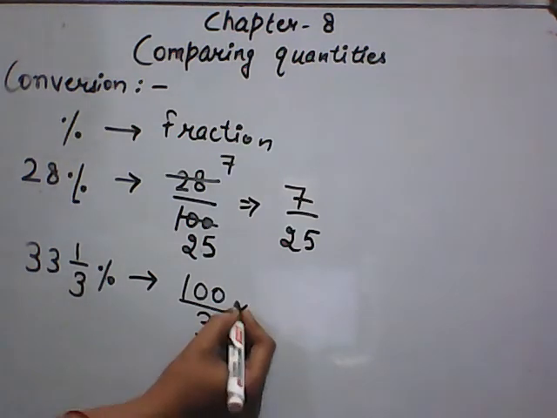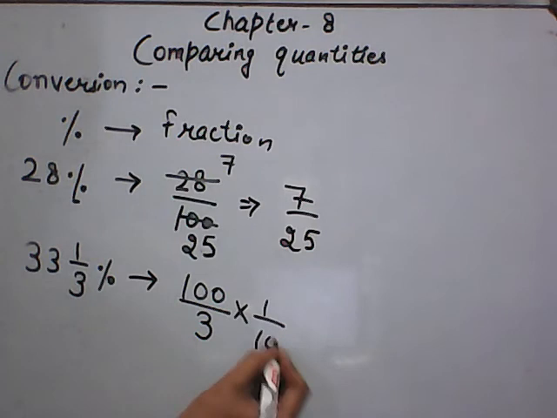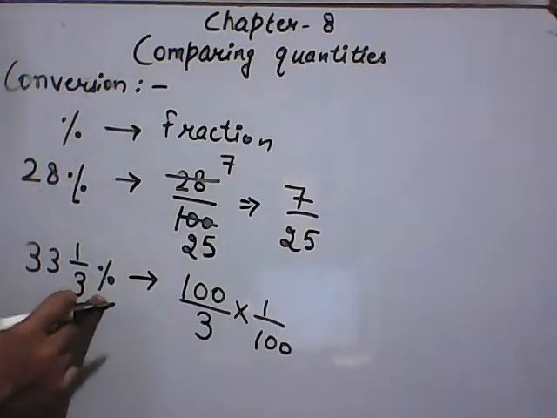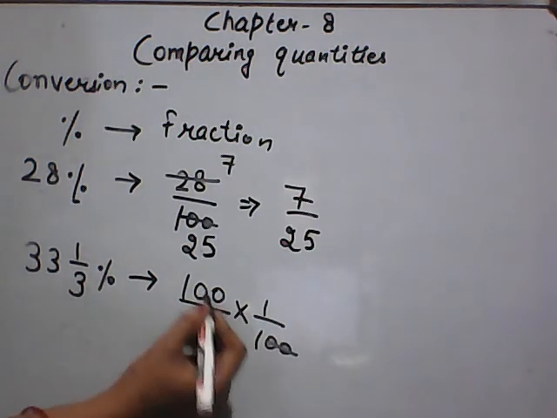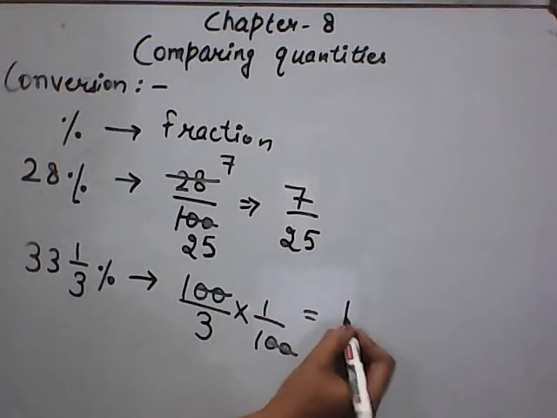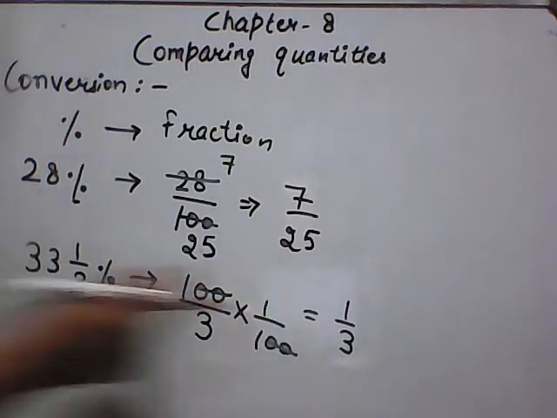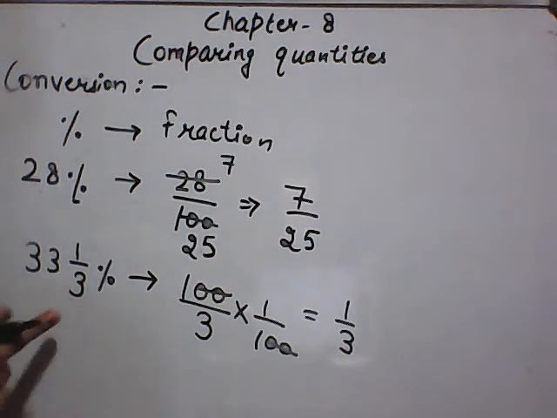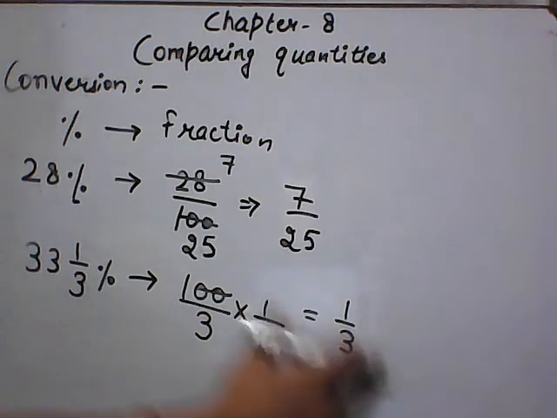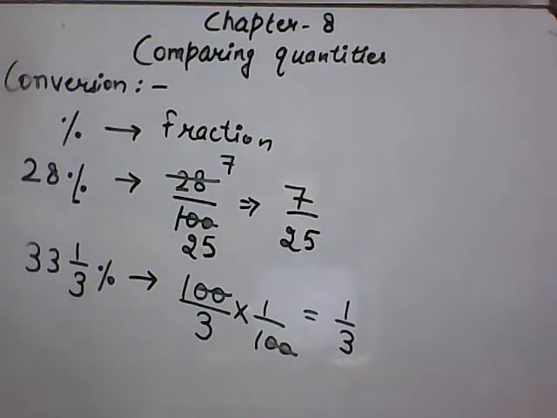Just divide this number by 100 and remove the percentage symbol. Now 100 is cancelled out with 100. It is 1 by 3. Now 33 and 1 by 3 percent is converted into the fraction 1 by 3. In this way, you can convert percentage to fractions and fractions to percentage.